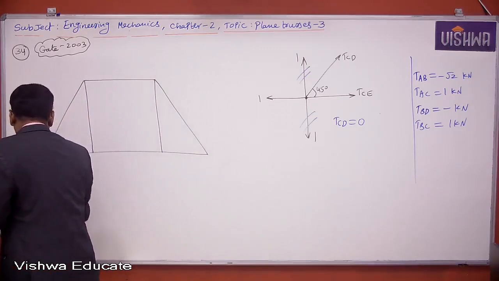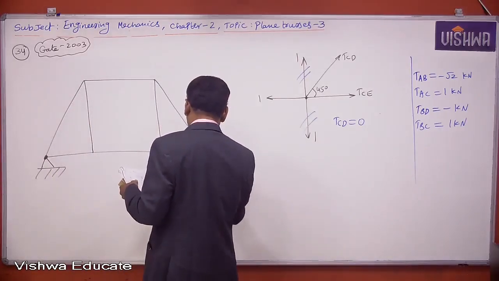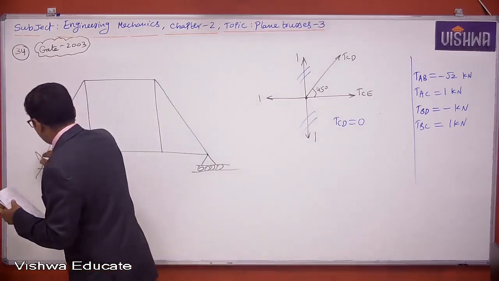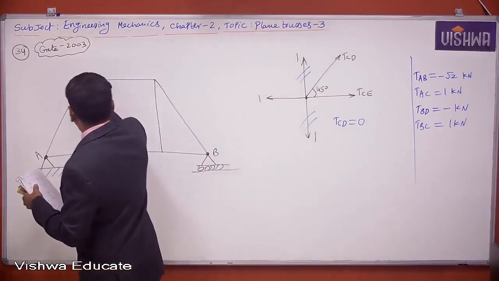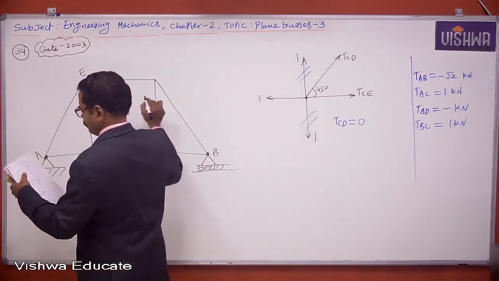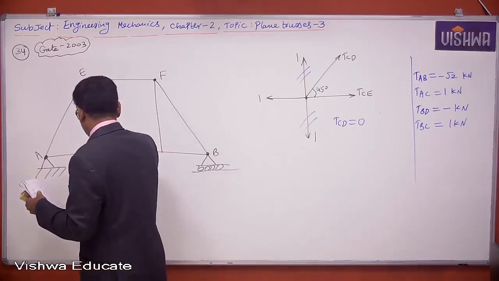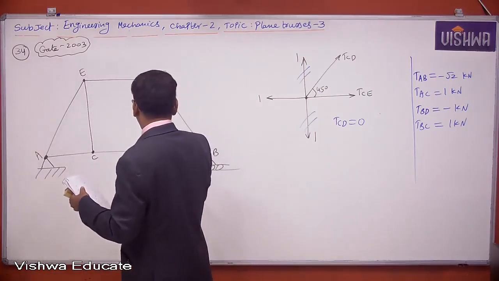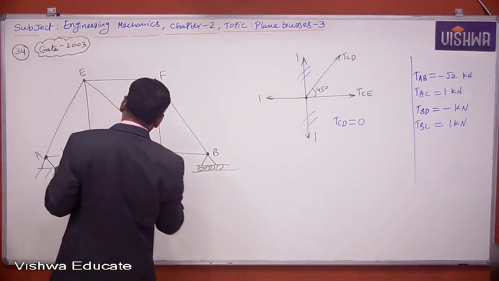So the left support is a hinged support and the right support is placed on rollers. This is A, this is B, this is E, this is F, this is C, and this is D. Of course I have to join like this.